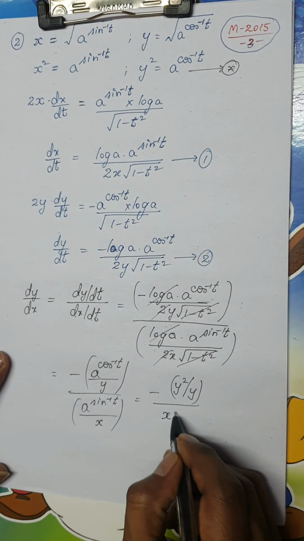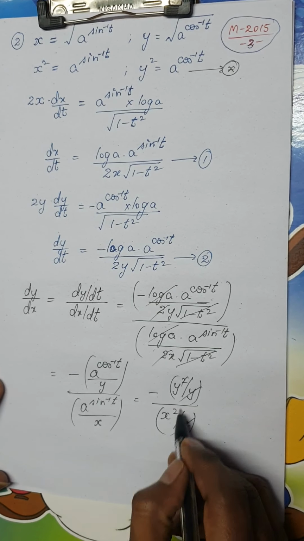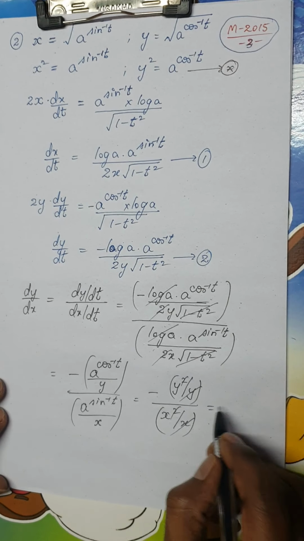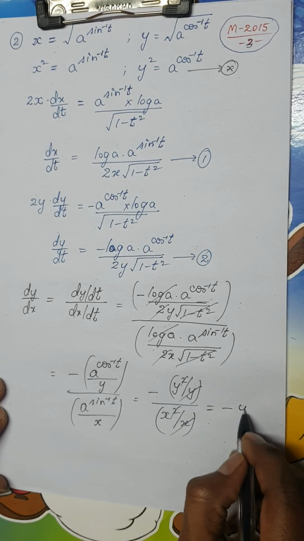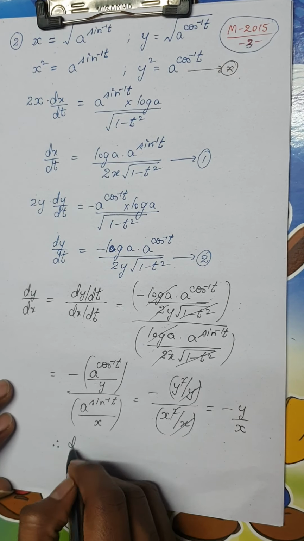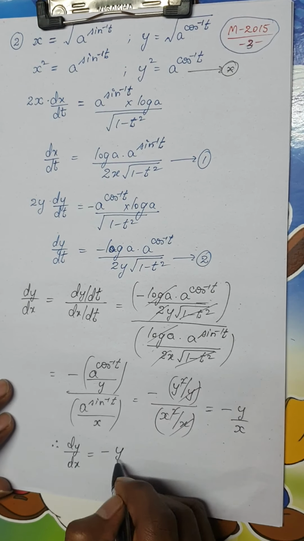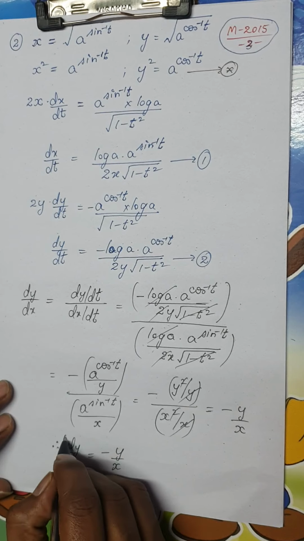So I'll get x square by x. One term of y can be cancelled and one term of x can be cancelled. This is nothing but minus y by x. Therefore dy by dx is nothing but minus of y by x.